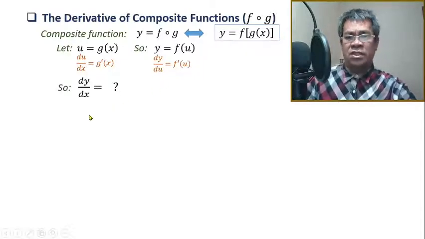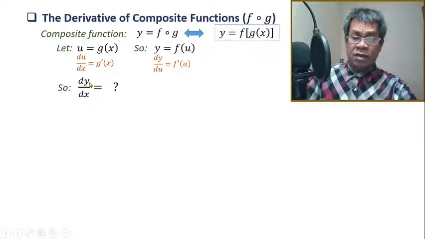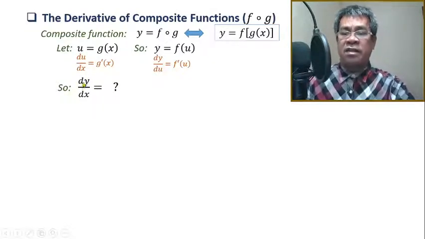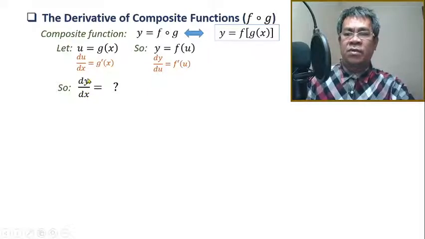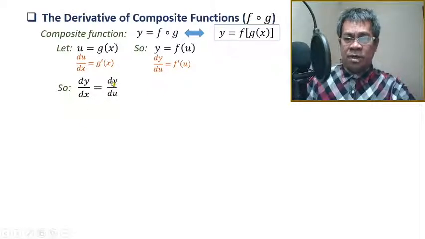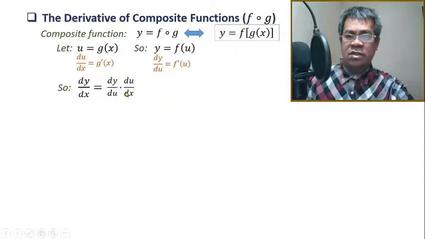So where's the chain rule? The chain rule now comes in. Take note that we are to find dy/dx, the derivative of y with respect to x. In order to find it, we have to use the chain rule. So what is the chain rule? We have dy/du. Now, if we multiply it with du/dx, what's the result?